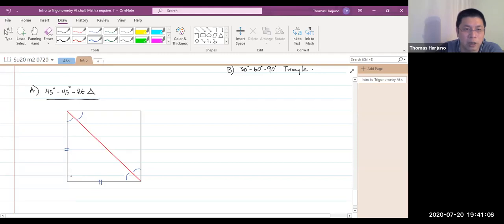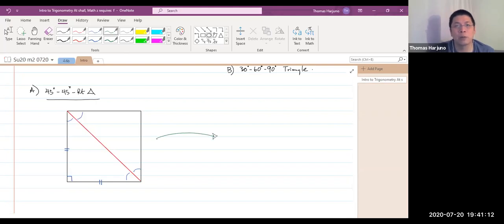This is a right angle, right? You can see we actually talk about this triangle here.